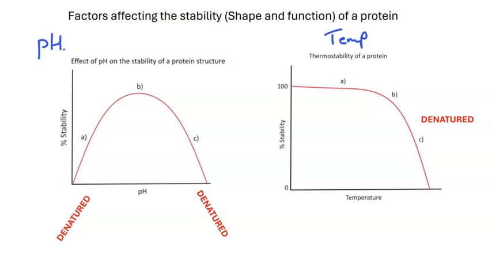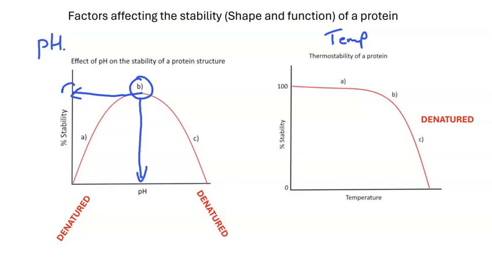With a change in pH, let's consider the idea that the peak of the curve here represents the most stable state of the protein. Now, it's important to understand that we're not just discussing enzymes. These are all proteins.